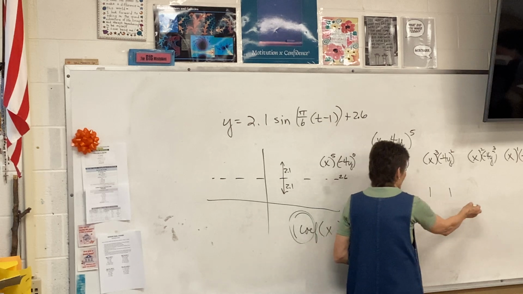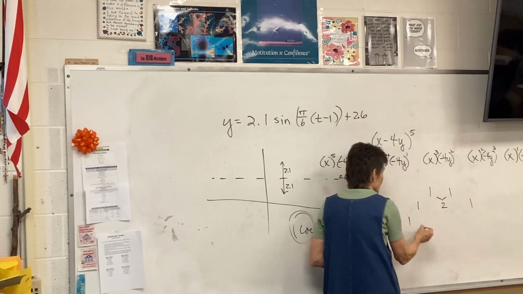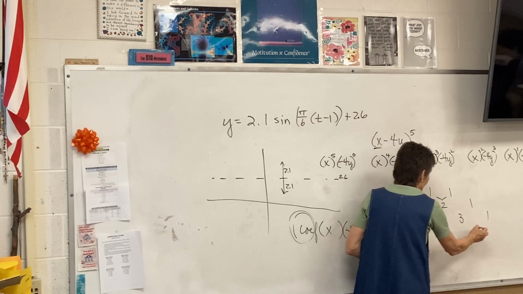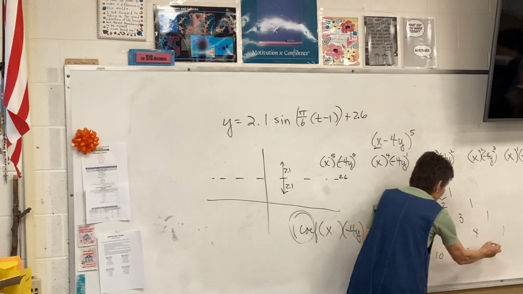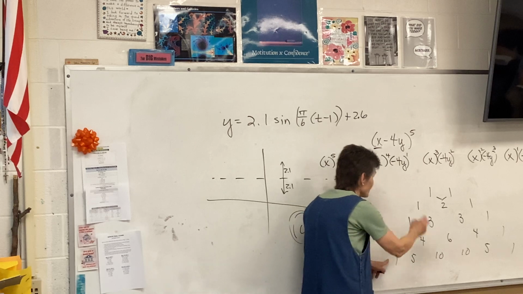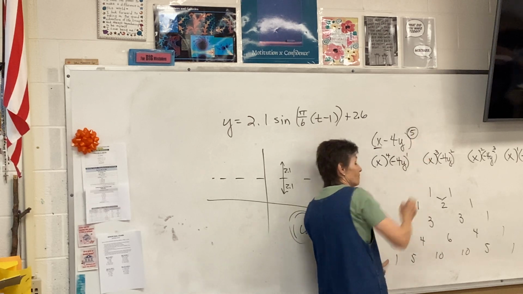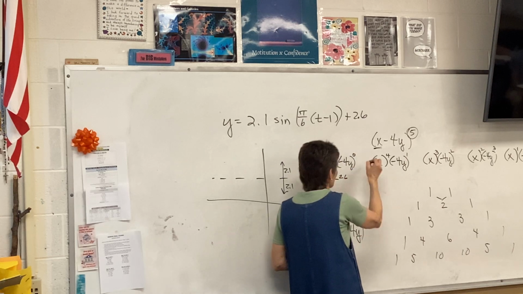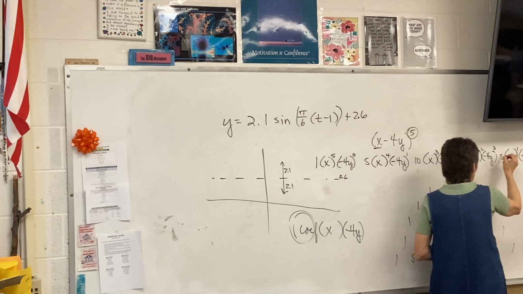And then each row starts and ends with a 1, and then you add the preceding ones. And that's the row I need because 1, 2, 3, 4, 5 rows, fifth power. So I'm going to put a 1 here, a 5, a 10, a 10, a 5, and a 1.